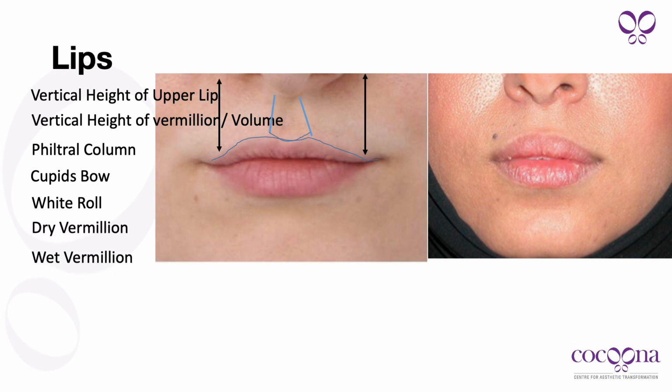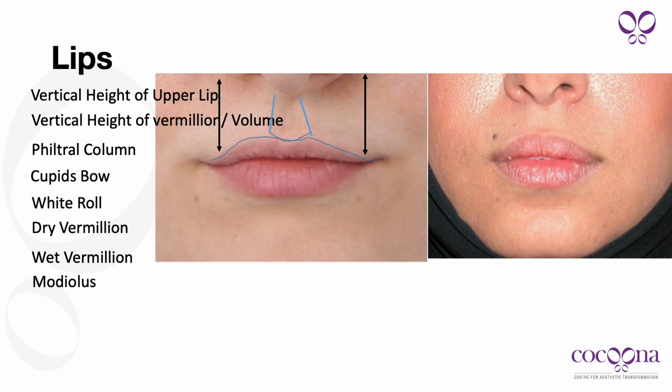Then you look at the dry vermilion. So it's quite wrinkled with vertical lines. Dry vermilion also is dry, flaky and chapped, and the wet vermilion is more visible in this patient than in this patient. Then you look at the modulus angle.